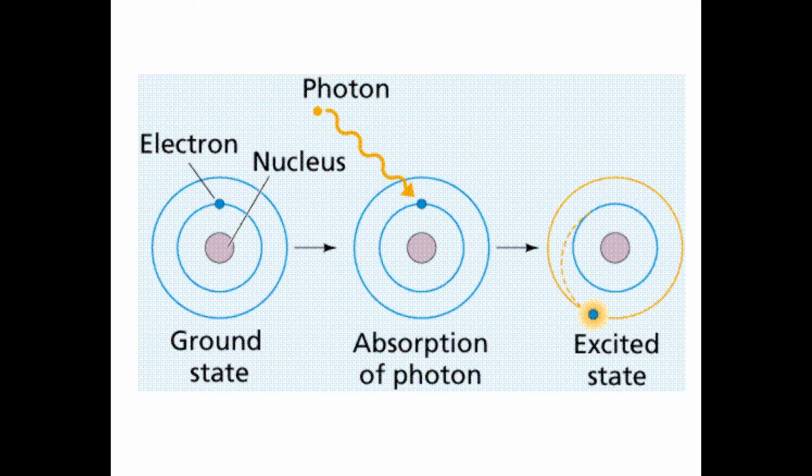If, however, you were to strike those electrons with energy packets, called photons in this picture, the electron will absorb the energy, and that means it's got higher energy, so it has to move up to a higher energy level. It is referred to in that case as an excited electron, and it can't move back to the lower energy level unless it gives up that extra energy. So it's got to lose it.